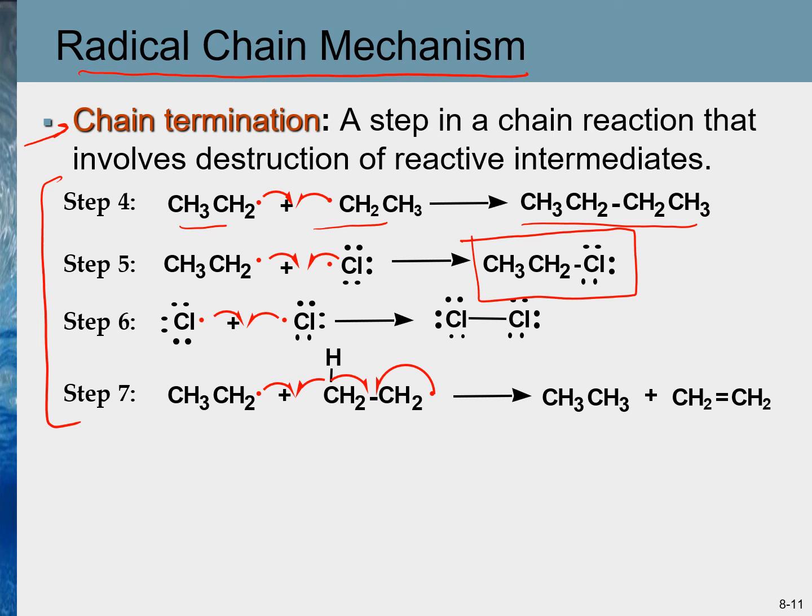So the chances are that a radical will combine with a neutral molecule, resulting in a chain propagation step rather than chain termination. Chain terminations usually take place when most of the reactant species have already been converted to products and there are no more reactants available. At that time, the radicals will find each other and they will result in chain termination.